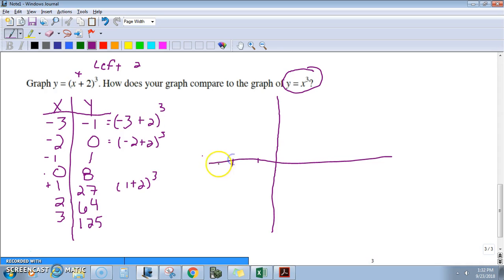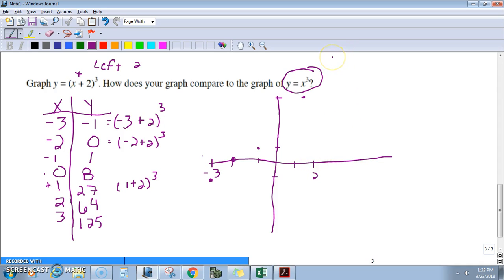So 1, 2, 3. Negative 3 was negative 1. Negative 2 was 0. That's on the axes there. Negative 1 was positive 1. And positive 1 was positive 8. Oops, wrong place. Was positive 8, and positive 2 was 64.